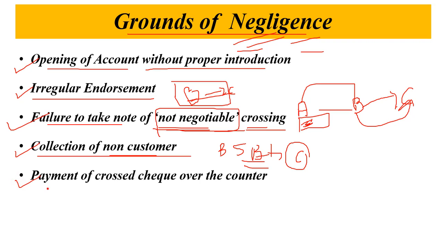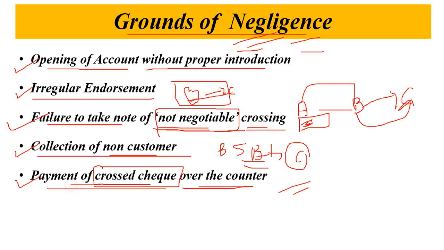Second is payment of crossed check over the counter. Suppose the check is crossed. Now crossed means what? If the check is crossed, that means the amount will be credited to the specific person's account only after one or two days.